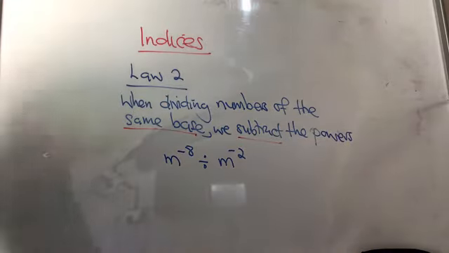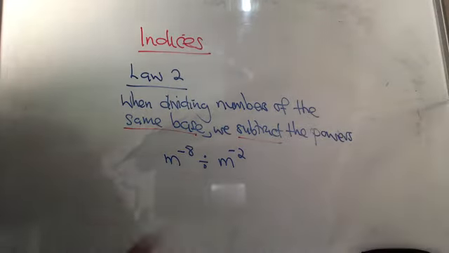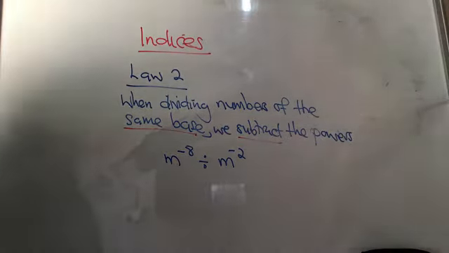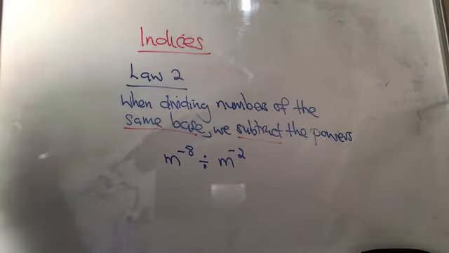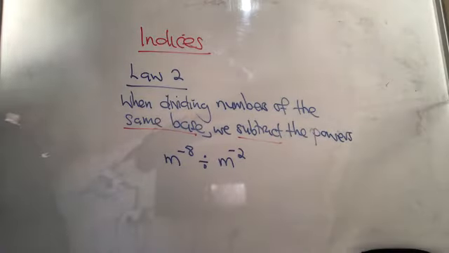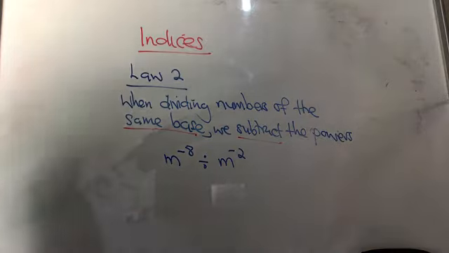The first thing is to identify the chapter. This is a typical example or question on indices. But let's look at the law to apply. We have to apply law number 2.